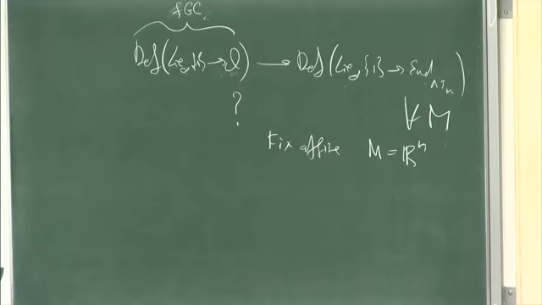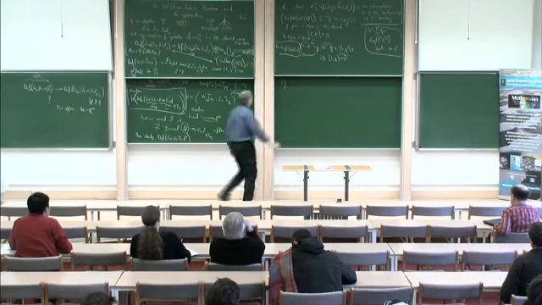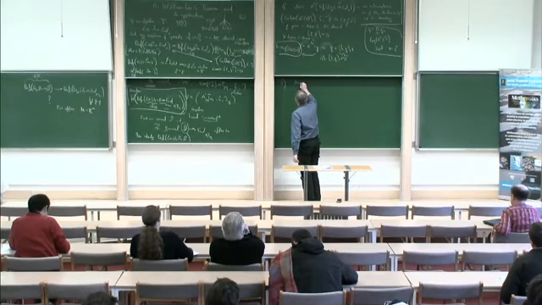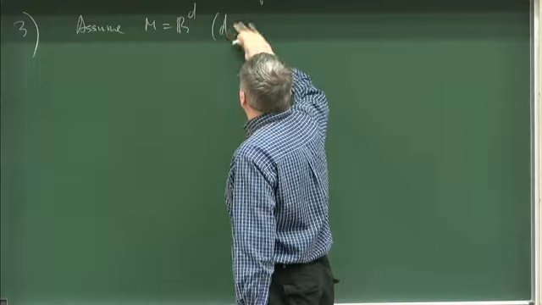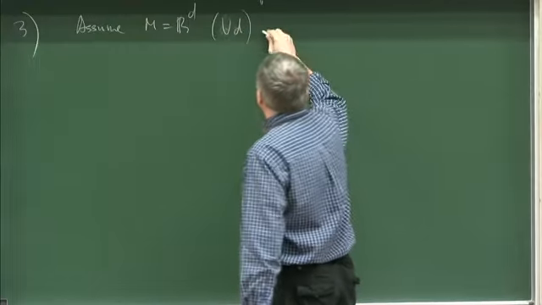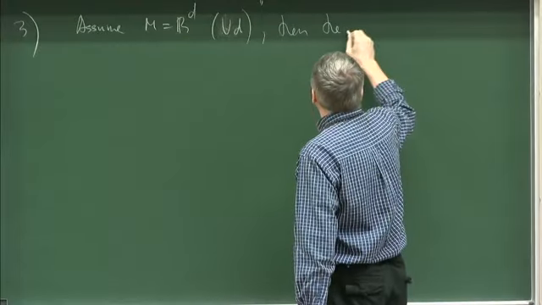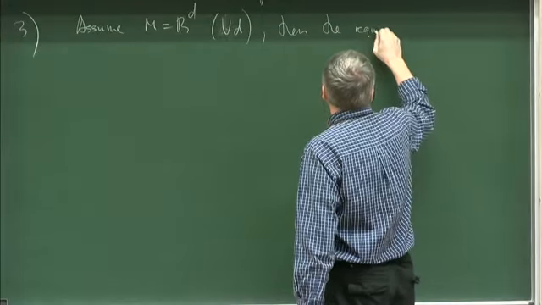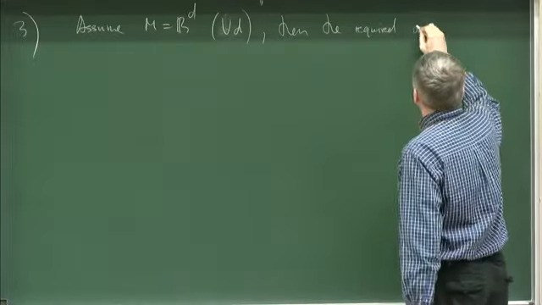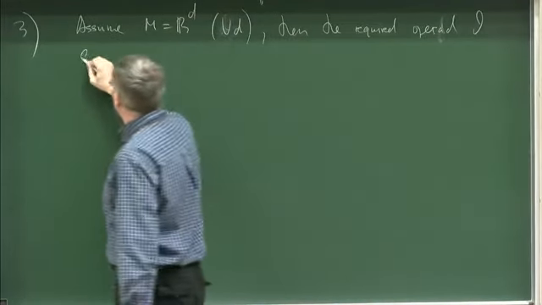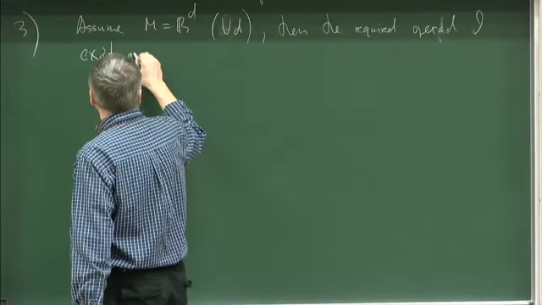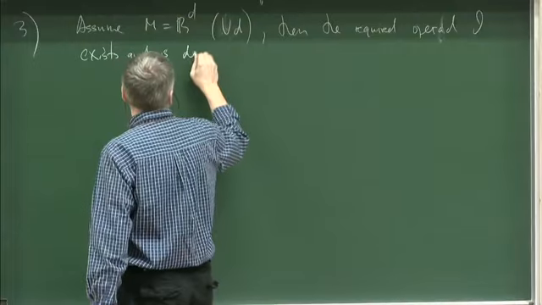So now, point 3, that magic operad O exists. Assume M is just R^D for any D. Then the required kind of operad O exists, and is denoted by graph by Thomas.